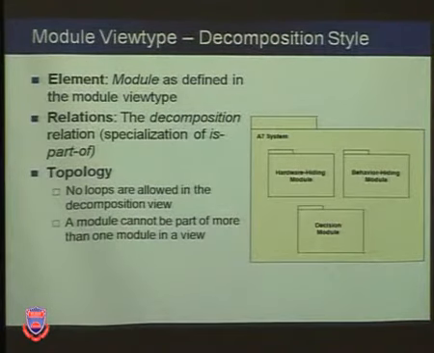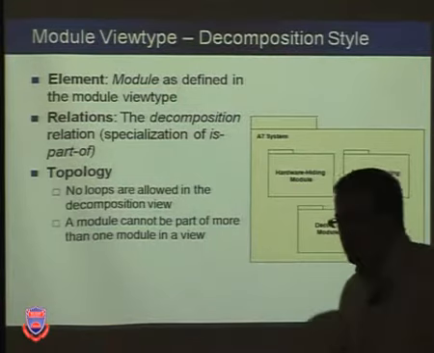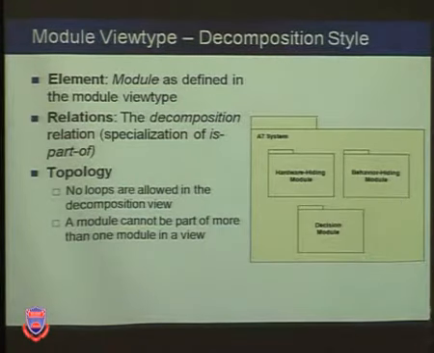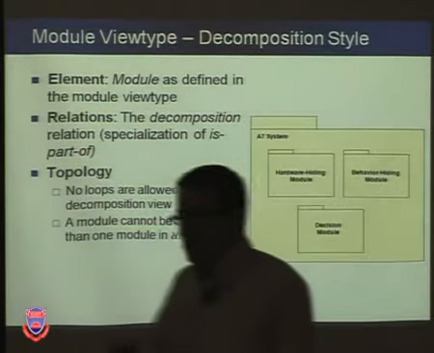Example. Let's look at the decomposition style. We said in the decomposition style, the module is as defined by the module view type. What's a module? A unit of implementation: class, package, layer.